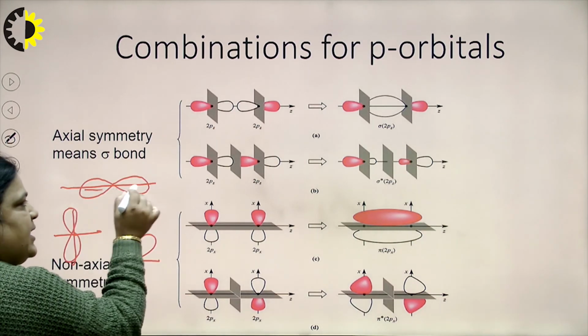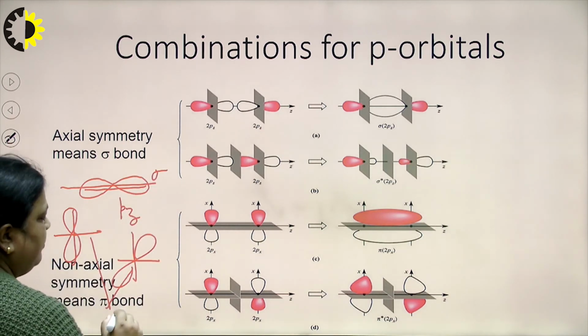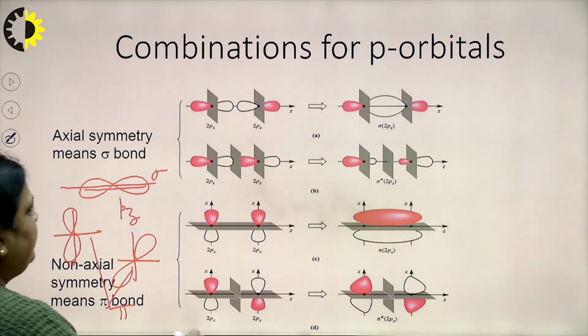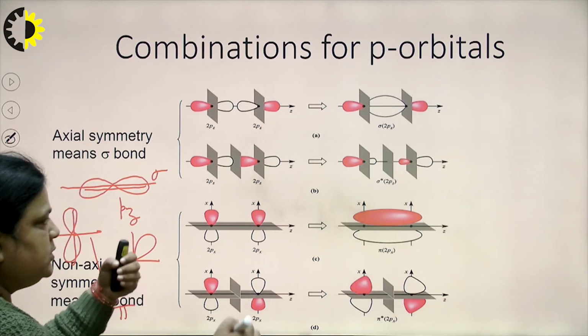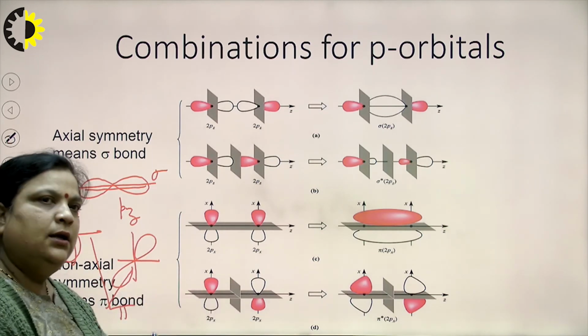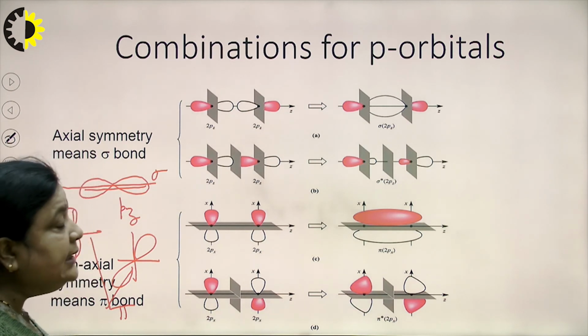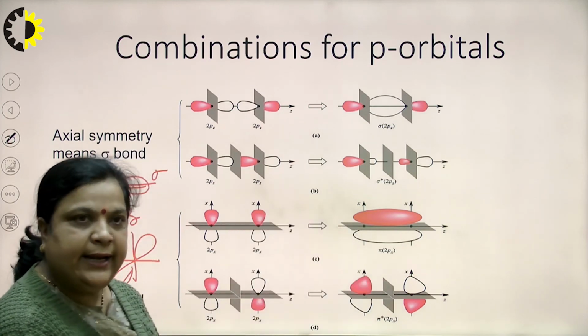When Pz gets combined, a sigma bond is formed, and when Py and Px get combined, a pi bond is formed. In Pz overlapping, either additive or subtractive overlapping occurs, that is, the electron density around the nuclei gets increased or becomes 0.